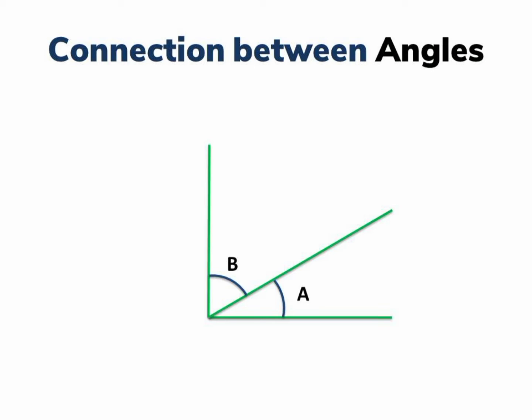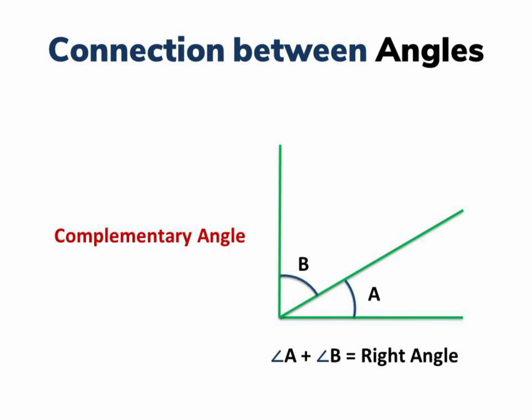Now, because the angle that we divided was a right angle, we know that the two new smaller angles combine to form a right angle. And in geometry, any two angles that combine to form a right angle are called complementary angles. So, complementary angles combine to form a right angle.